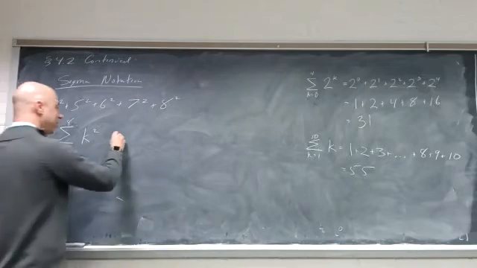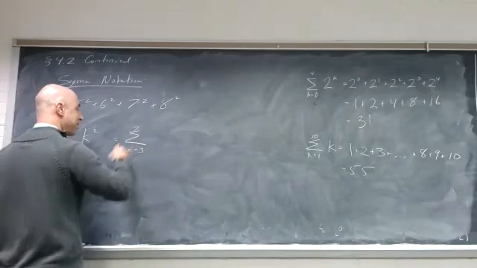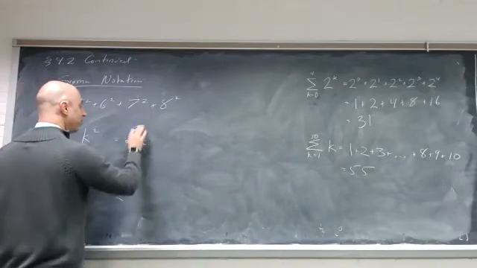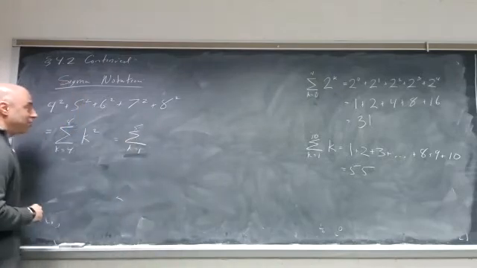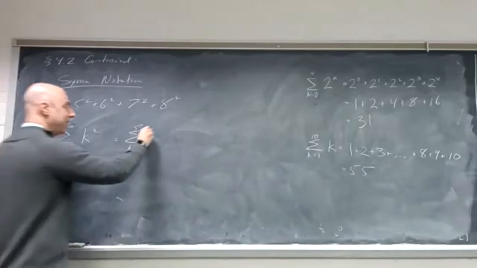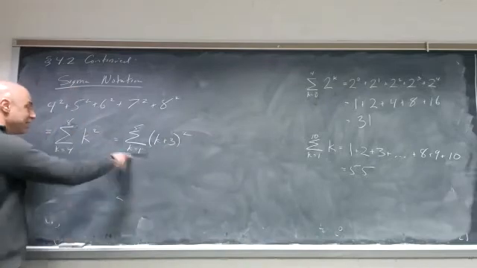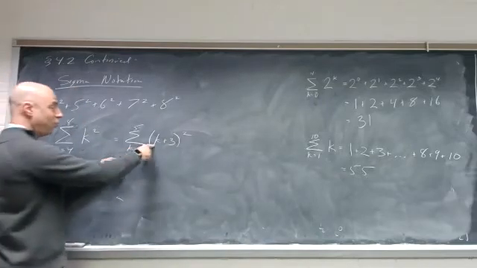But if I had written something like K goes from 1 to 5, and instead of taking K and squaring it, I'm going to take K plus 3 and square it. This and this are exactly the same, because the first thing you square is 1 plus 3.